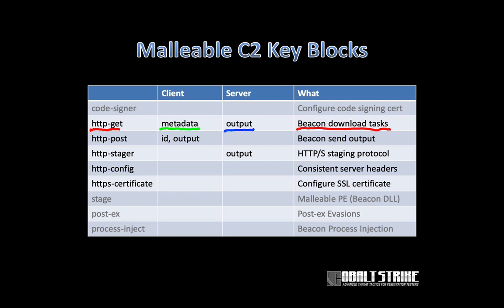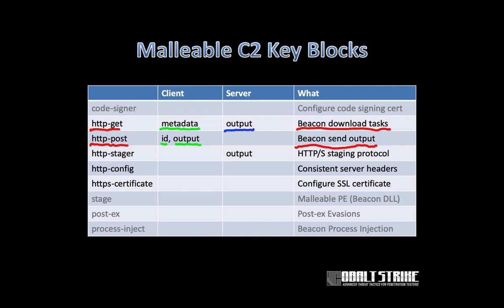The other block I want to speak to is HTTP post. HTTP post, again, controls how Beacon sends output back to its team server. The client side does double duty. It has to have an ID and an output block. The ID is your Beacon's identifier. It's a number.